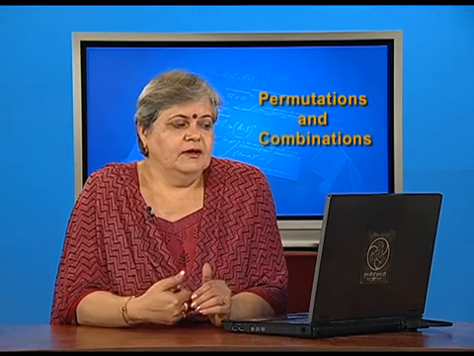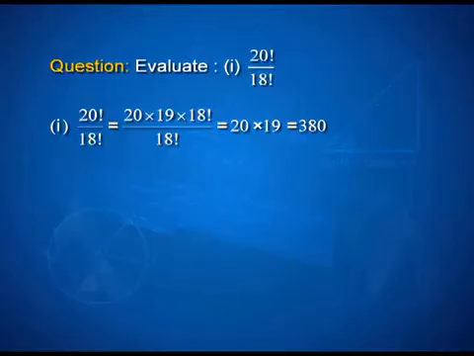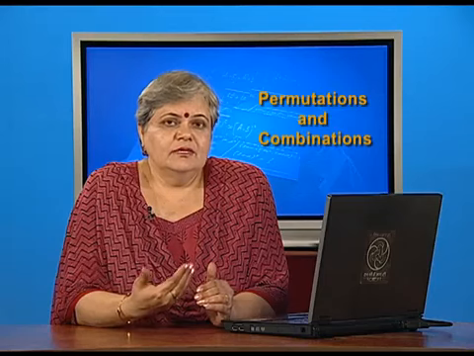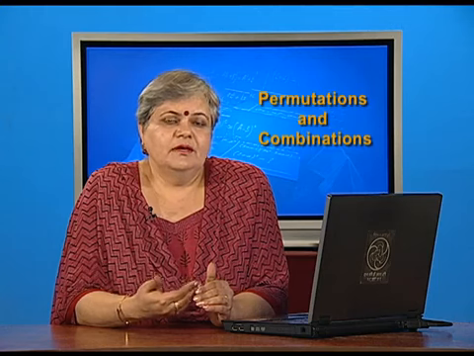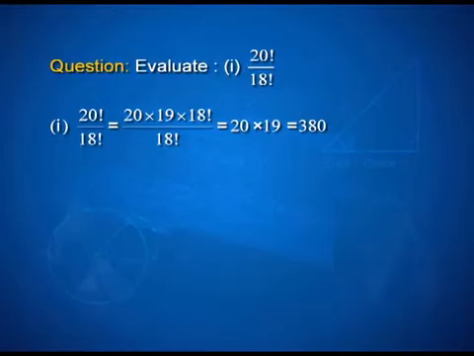For example, 20 factorial is 20 into 19 into 18 up to 1. And 18 into 17 into 16 and so on is nothing but 18 factorial, and therefore, the expression simplifies to 20 times 19, and hence the value is 380.